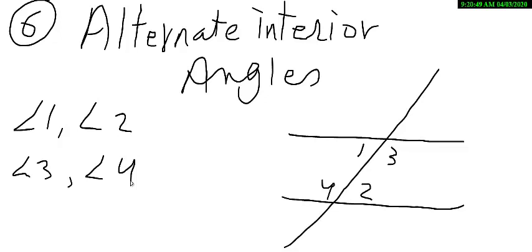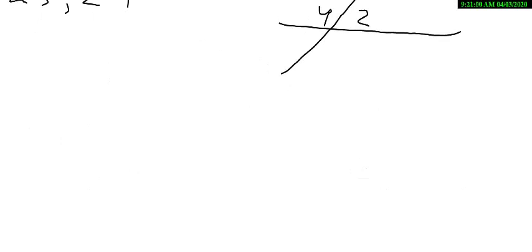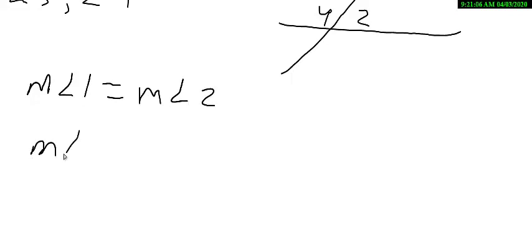So what is the relation between the alternate interior angles? They are always congruent, or equal in measure, all the time. So we can say that the measure of angle 1 equals the measure of angle 2, and the measure of angle 3 equals the measure of angle 4. Why?